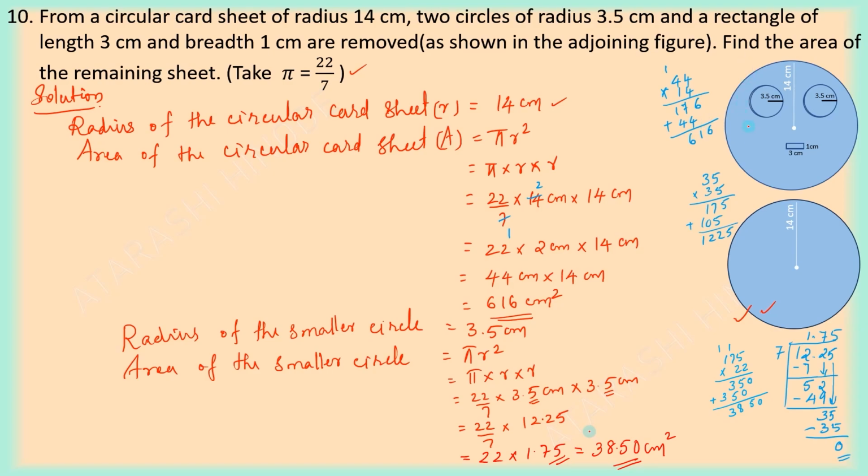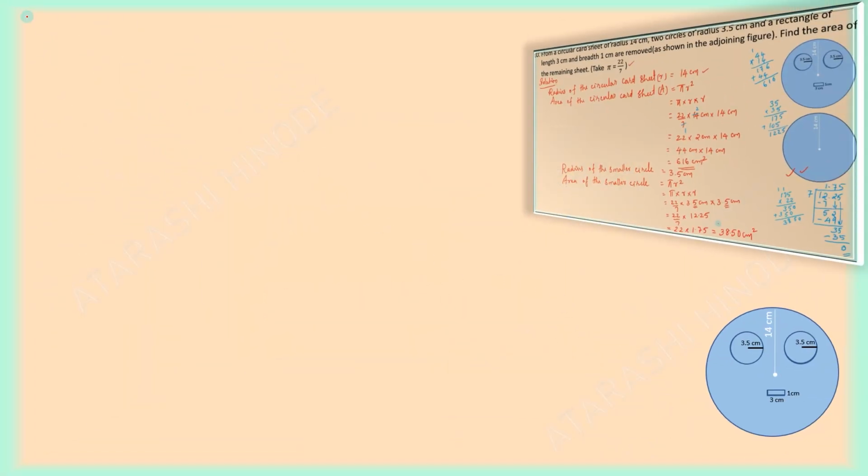Next, we have to find the area of this rectangle. So, let us find. Here, length of the rectangle equal to 3 centimeter. Breadth of the rectangle equal to 1 centimeter.